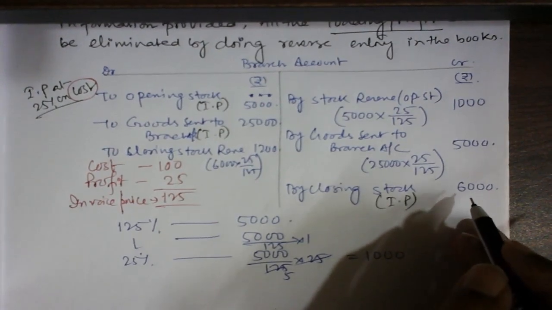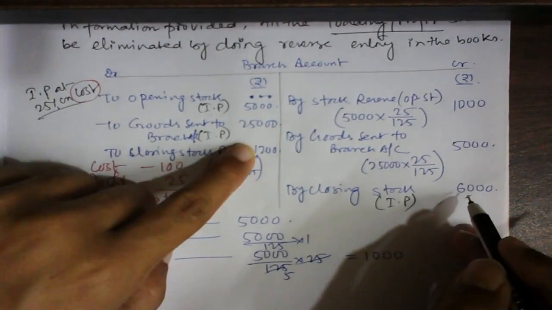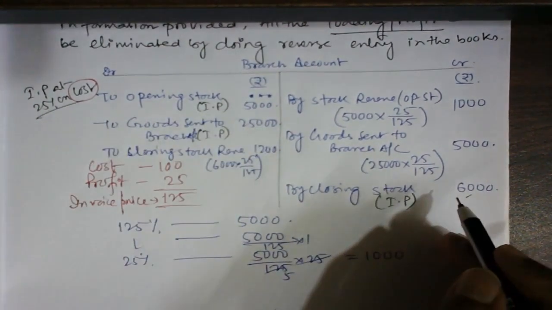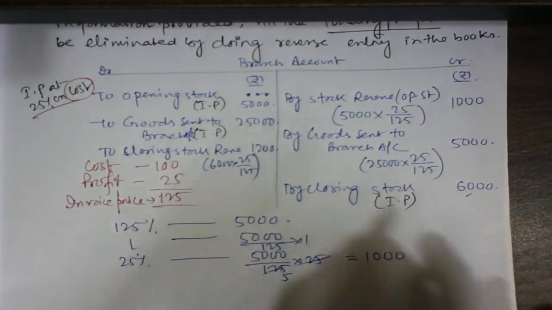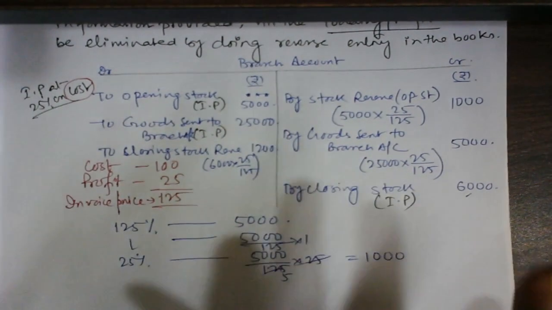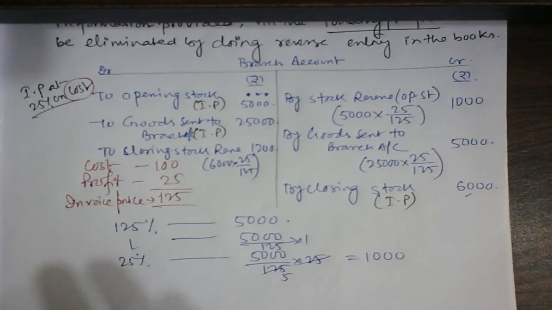Credit 6,000, debit 1,200 means net 4,800, reflecting as cost on the credit side. Then all the other parameters follow as per the method of branch account.